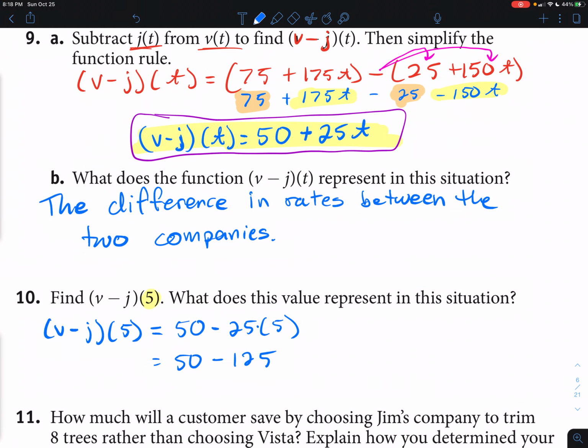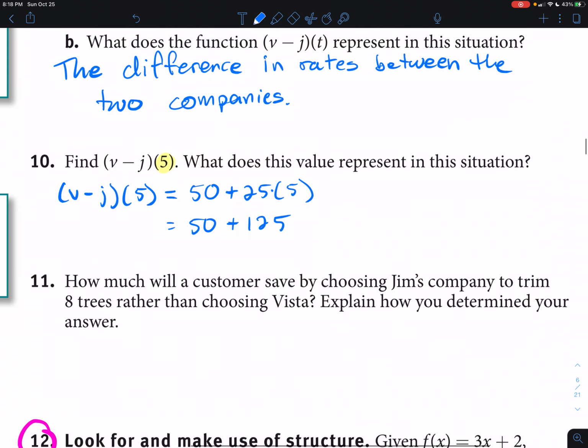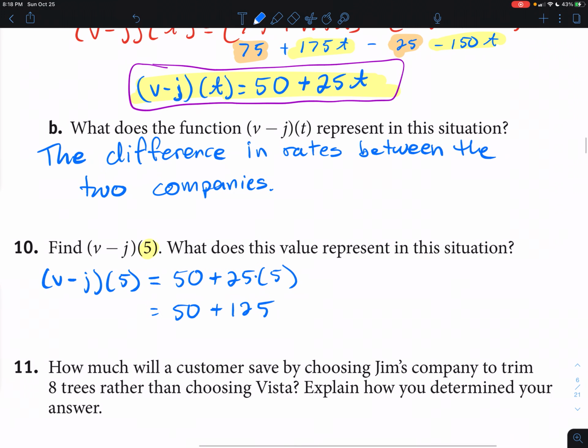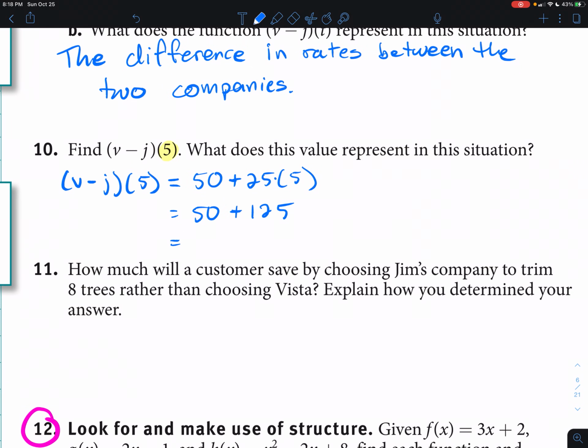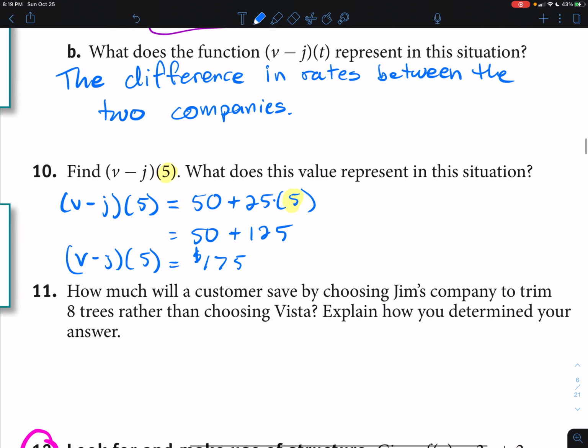That should be plus. Why didn't you tell me? I'm trying to be careful and I make a mistake. Y'all know what it's like. So that's plus 125 up here. 175 minus 150 should have been 25. So that's going to give me 175. So V minus J of 5 equals 175. That's the difference in the two companies for 5 trees. I'm sorry, I'm talking about trees here.